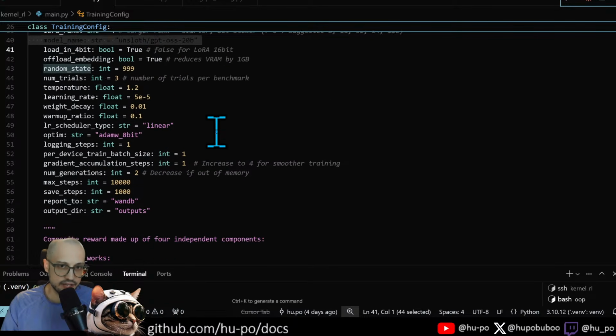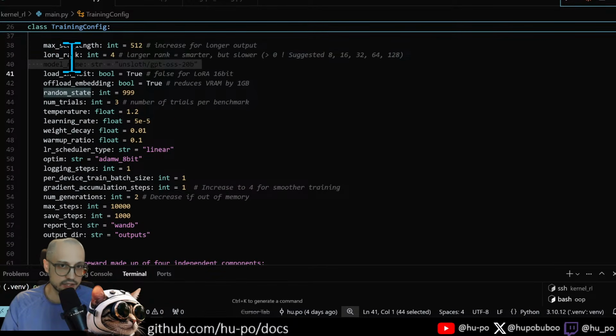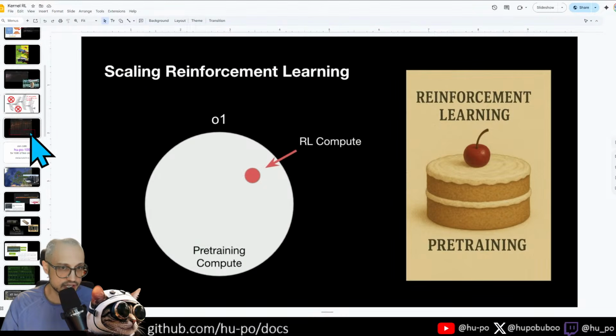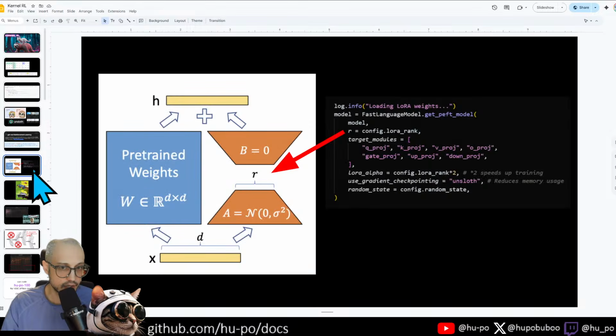And the way that we do that is with this LoRA. The LoRA has a specific rank, which tells you the size of these A and B matrices. Because of the magic of matrix multiplication, this inner dimension melts away. So your A matrix and your B matrix, which are the only ones you're pushing gradients into, are going to be smaller than your actual weight matrices.